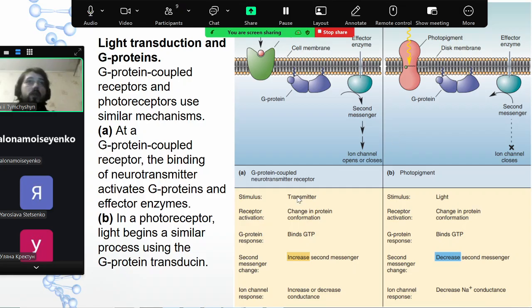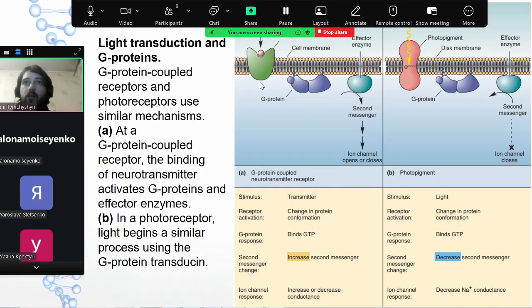They work pretty similarly. In the case of a neurotransmitter receptor, we have a change in protein conformation. It binds GTP, so you know that the G protein coupled to the receptor exchanges GDP for GTP on activation. Then the alpha part goes away. It may activate some different enzymes.